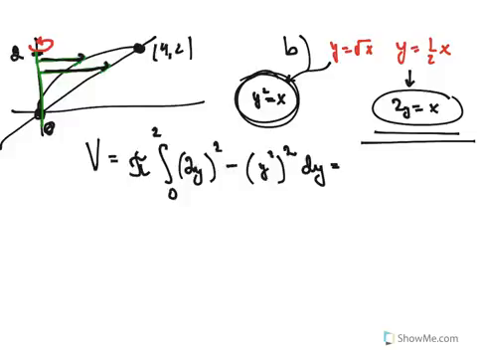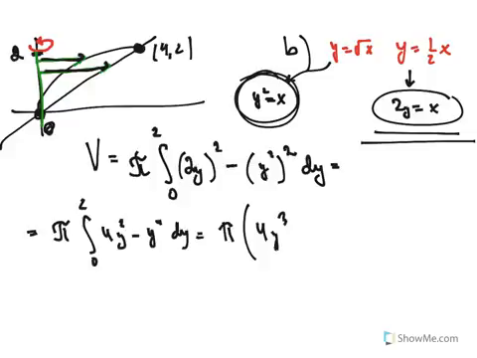So it's pi integral 4y squared minus y to the fourth. And when you integrate, you get 4y cubed over 3 minus y to the fifth over 5, and the boundary is 0 to 2.